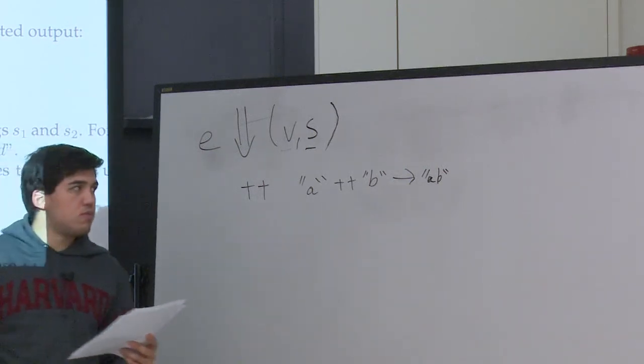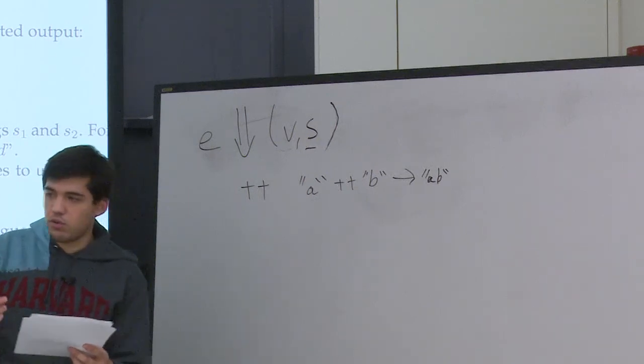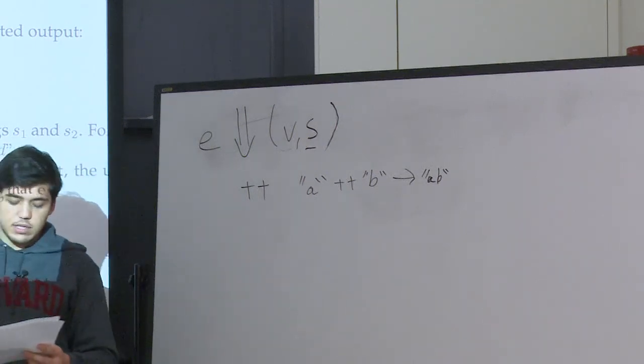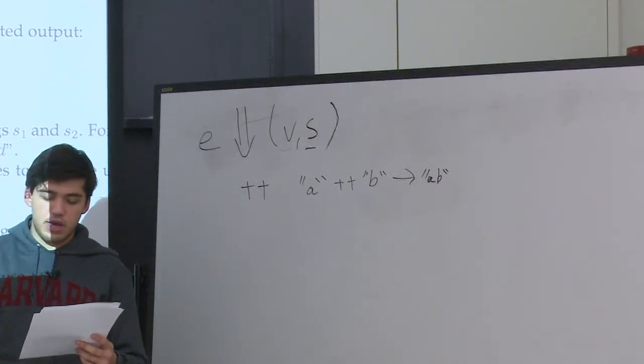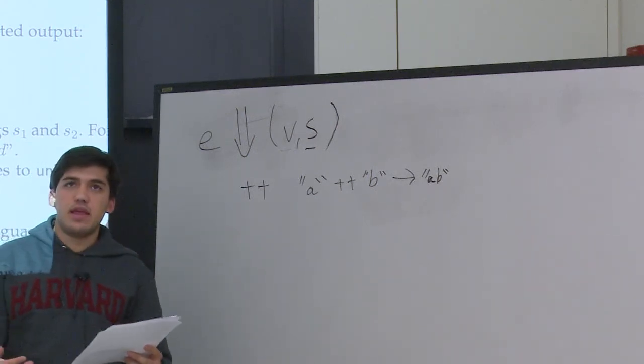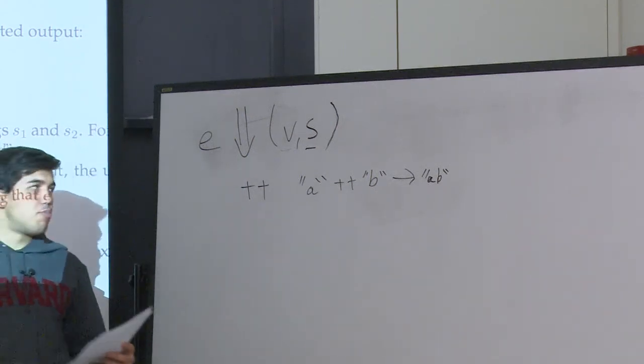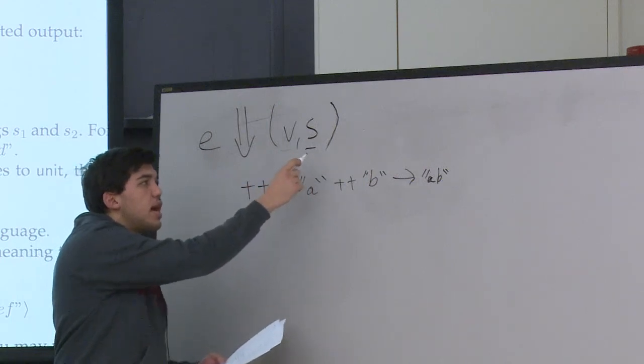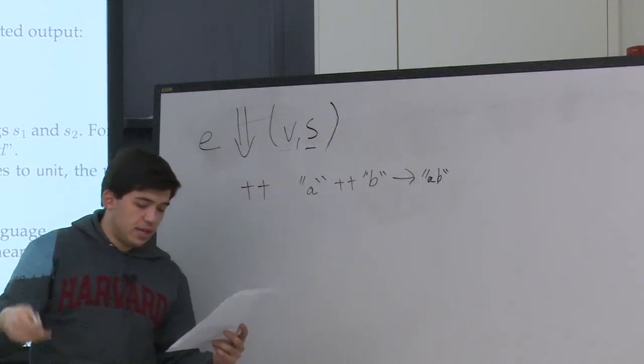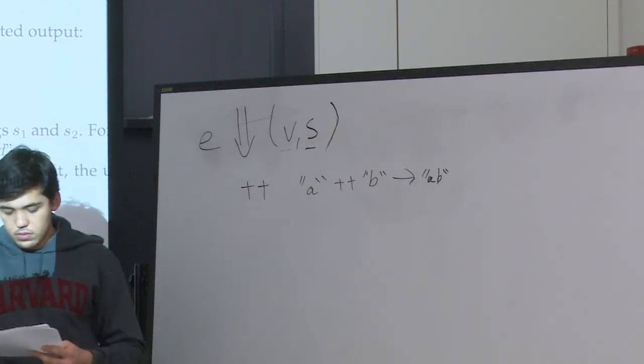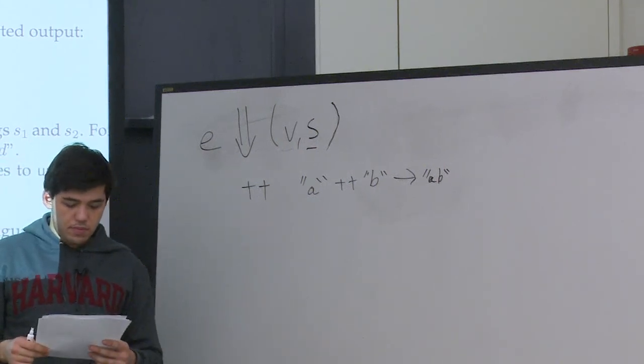So when you write the inference rules for these 3 types of expressions, you should indicate in your inference rules how the output string will be constructed as we evaluate these expressions. For the other ones, we need the empty string, which is the unit.